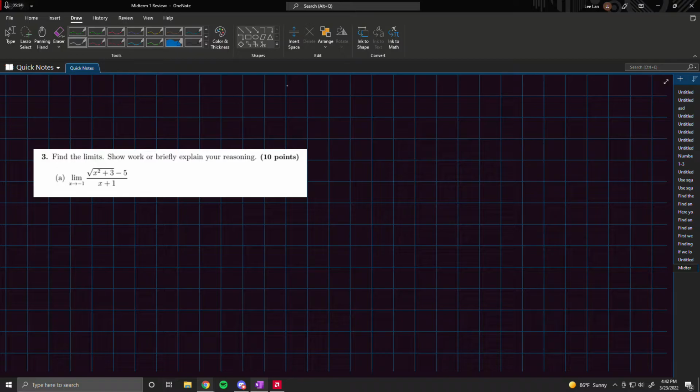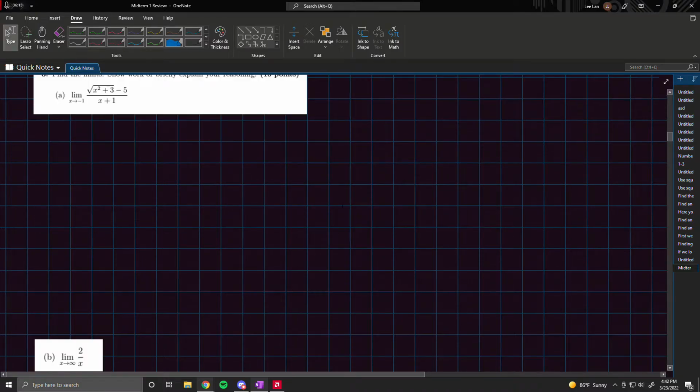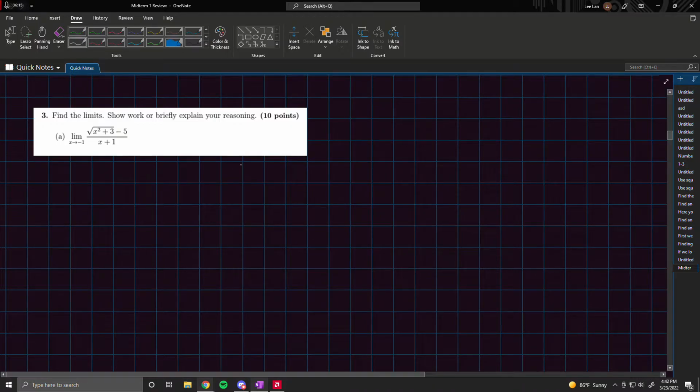But the more important thing is that we employ the same kind of strategy for problems of this structure. So, as a heads up, I don't have an answer for this problem. I'm sure if you plugged it into Google, it would give you an answer, but I personally don't have one. But I'll still do it and show you my thought process.